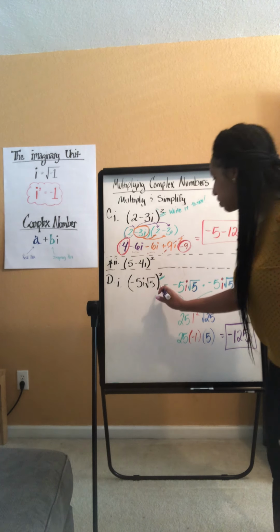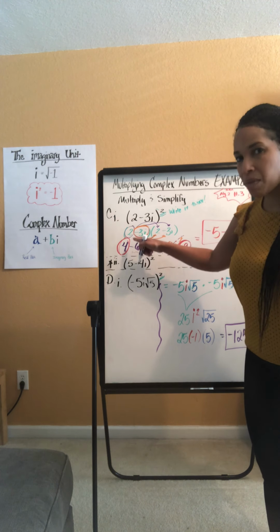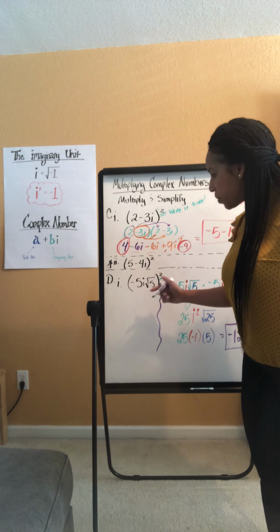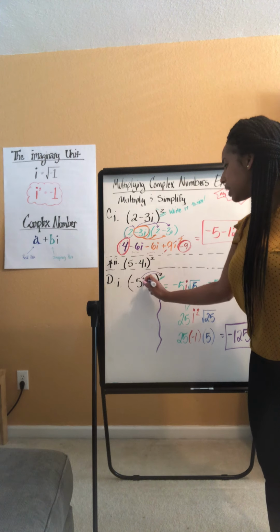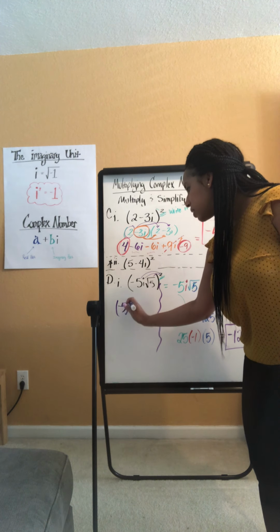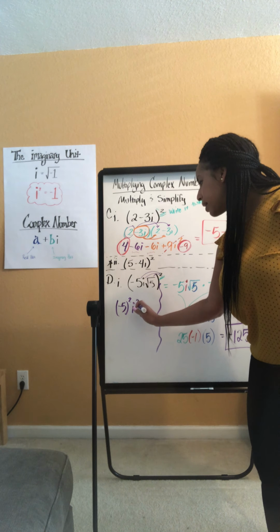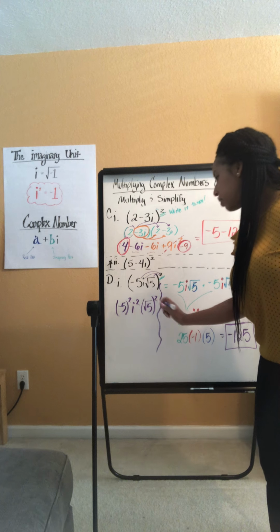The other way is what I was mentioning here: because there is no separation with the minus or plus, this is a monomial, all of these things are being multiplied together, so I could just square each piece. I could have my negative 5 squared, my i squared, and my square root of 5 squared.